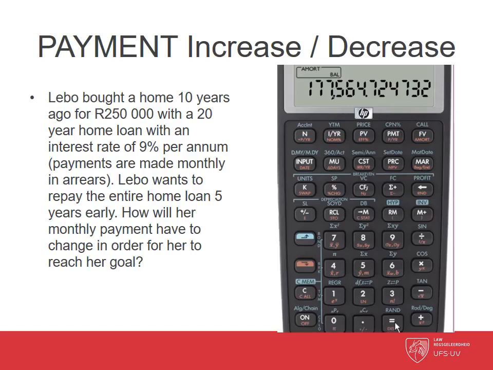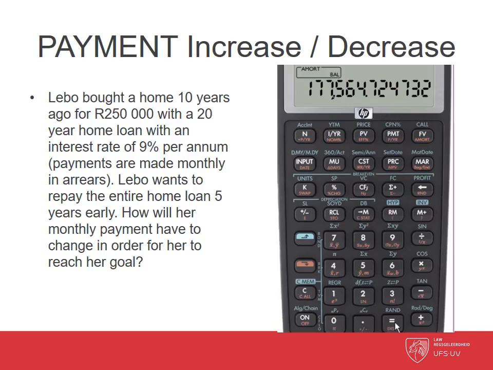So that means if you now use this as your present value, you can work out, because you see in the question that she wants to pay her home loan off 5 years early. Even if she only pays 2,249 Rand and 31 cents every month, it's still going to take her 10 years to pay off her loan.